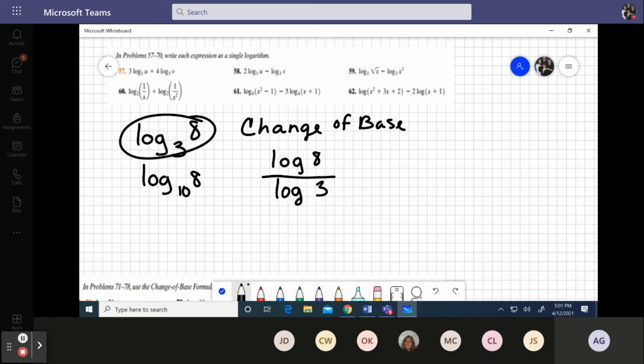Now your calculators are going to be different. Some of them you're going to put the log button first. Some of them you're going to put the 8 in first. Some of them you're going to have to use parentheses. What are we getting for log 8 divided by log 3? You guys got to tell me, because I don't have a calculator with me.